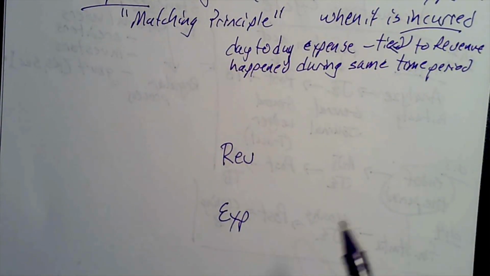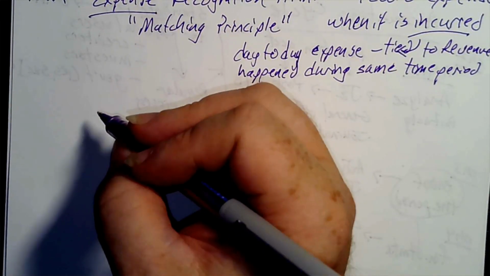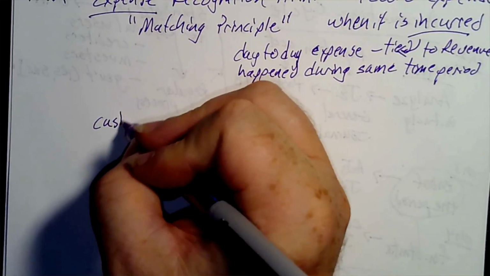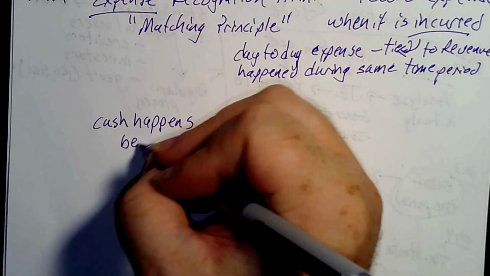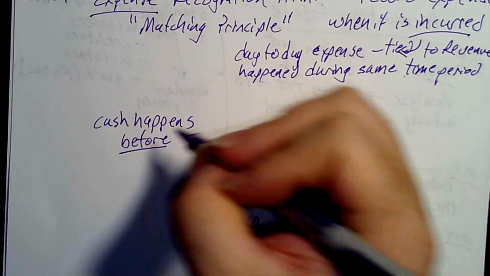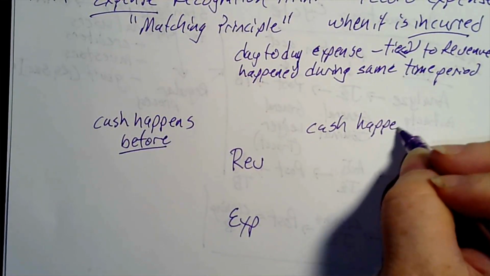Well, that frees us up to say the cash could happen before this event, or the cash happens after.